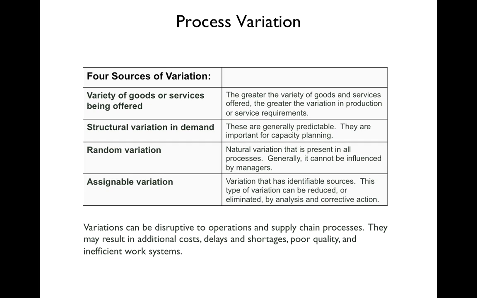Process variation. There are 4 sources of process variation. The first is the variety of goods or services being offered. When you have a large variety, that creates variation in your processes. If you have low variety, like a cook who's just making burgers and they only have one kind of burger, one kind of topping, the process is always the same.